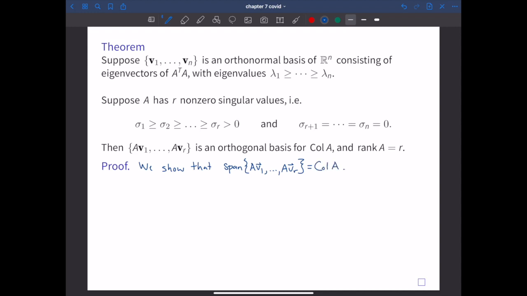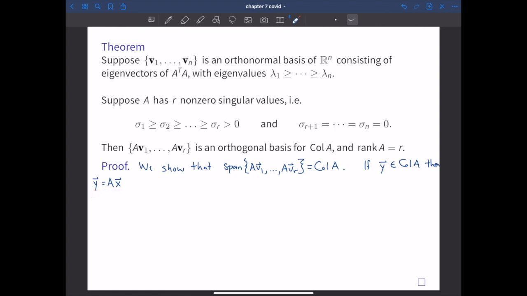Well, if a vector y lives inside the column space of A, then one of the facts we saw early in the course is that there is a vector x in Rn so that when you multiply A times x, it gives you the vector y.